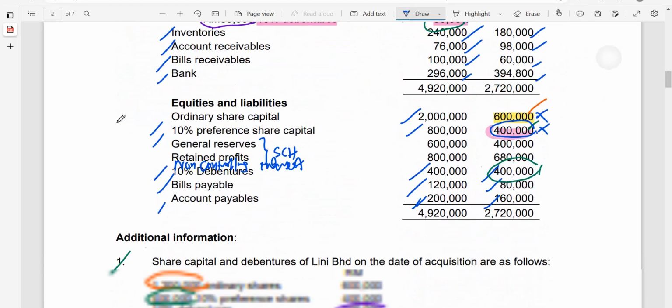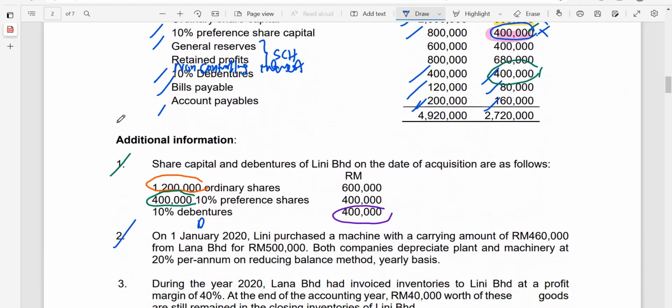So after a year, you have the company Lini purchase a machine with a carrying amount of 460,000 from Lana for 500,000. So this is an intercompany sale of machine, PPE. Who is the seller? It was purchased from Lana, so Lana is the seller, and Lana is the parent company or holding company. Lini is the buyer.